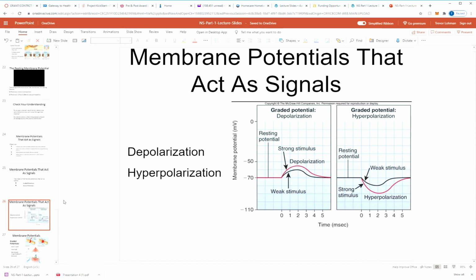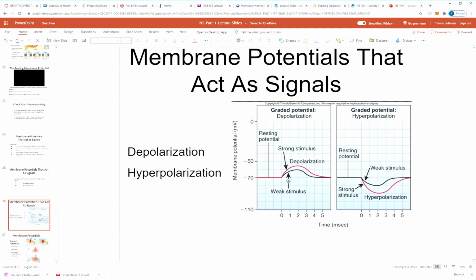Okay? Check out the y-axis here for a second. We have negative 110 and 0 up top. So this flat line represents resting membrane potential, negative 70. That's pretty common. Then something happens.